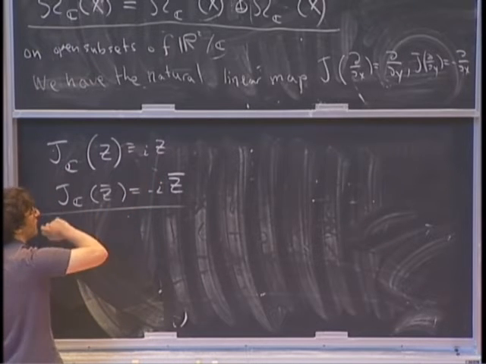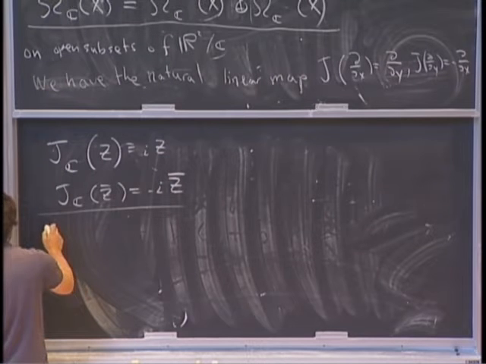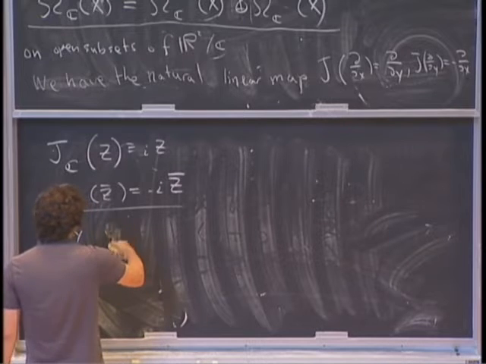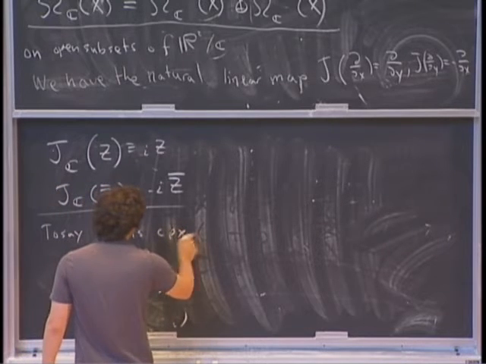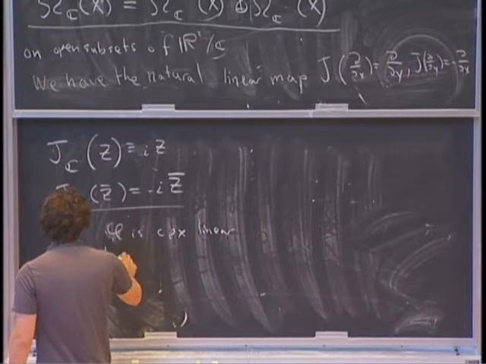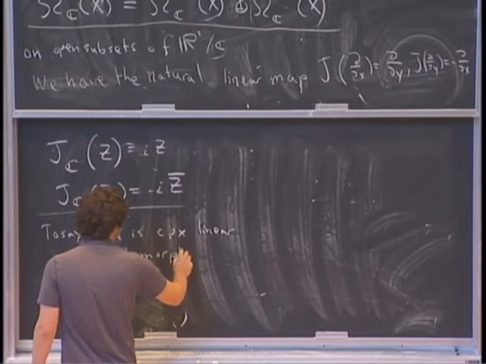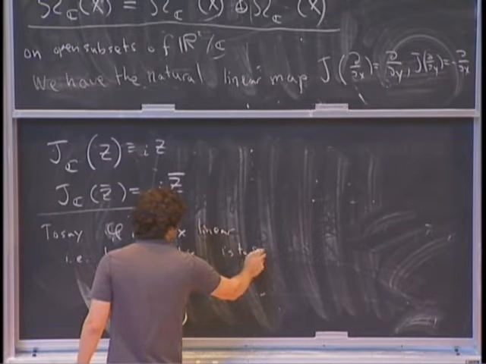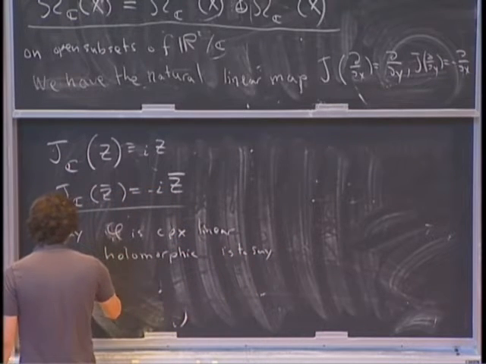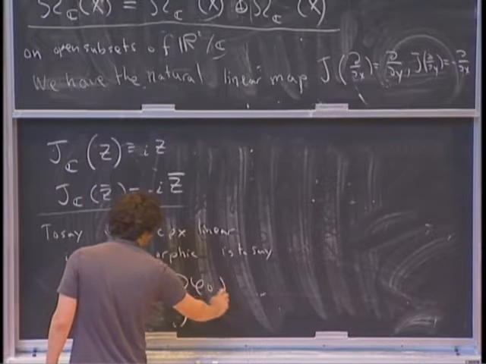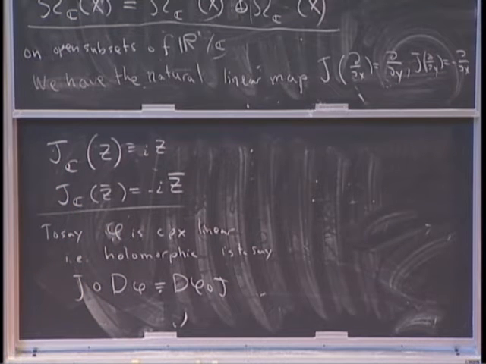You should work this out, but to say phi is complex linear, in other words holomorphic, is to say that J composed with the differential of phi is equal to the differential of phi composed with J. You should work that out to check it, but it's true.